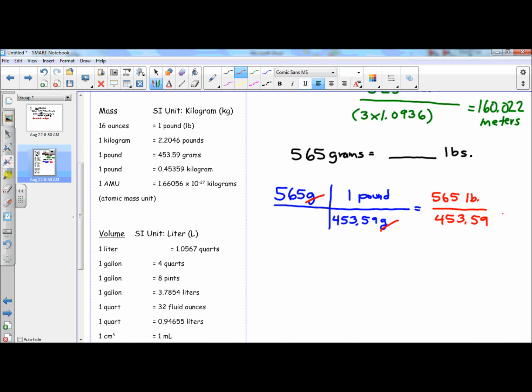I just need to enter that in my calculator. 565 divided by 453.59. Okay, 1.2456. So I'm going to round that off to 1.25 pounds. 1.25 pounds is 565 grams.